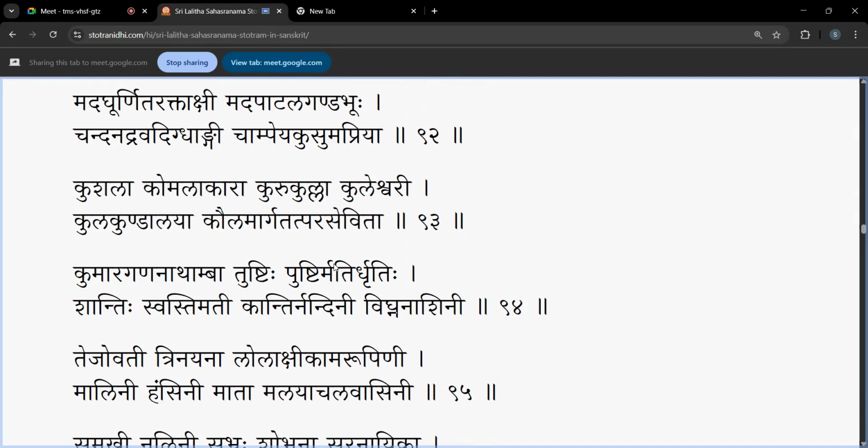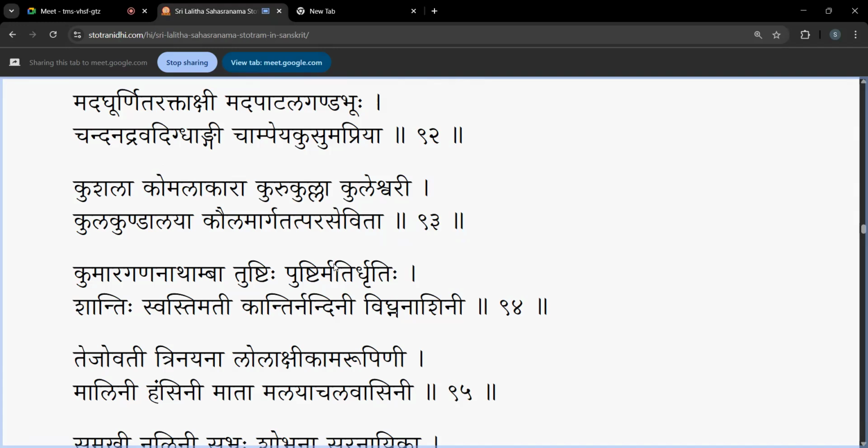It would be better if we rechant the entire shloka itself. For example, "Mada Ghornita Raktakshi". If I make a mistake there, then we will in ourselves ask for pardon and then rechant the same verse. "Mada Ghornita Raktakshi" and so on.